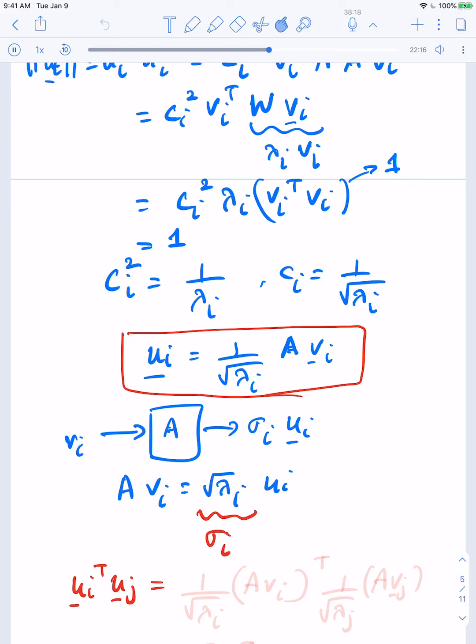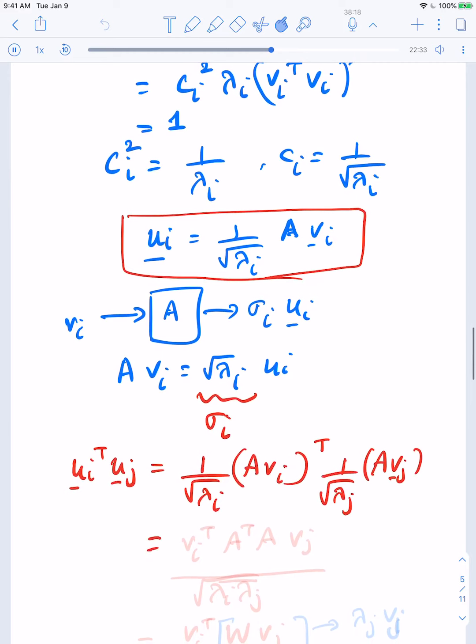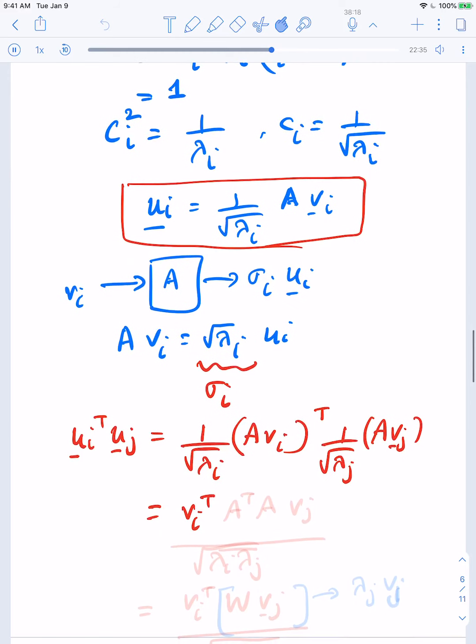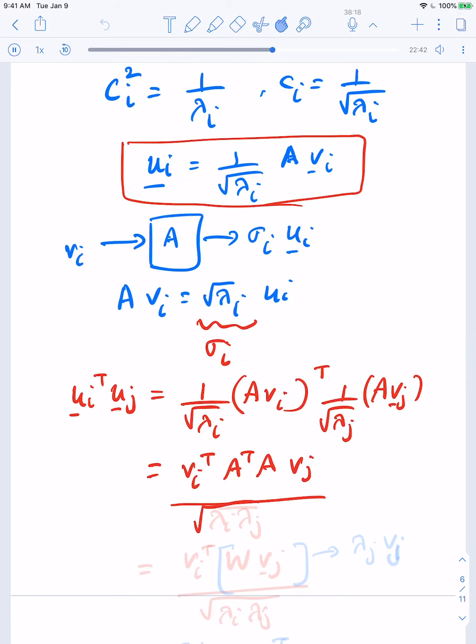It is 1 over root lambda i A Vi, that's Ui, transposed, and then 1 over root lambda j A Vj. And so that is Vi transpose A transpose A Vj divided by root lambda i times lambda j. I'm redoing some calculations that I could have avoided, but that's fine.